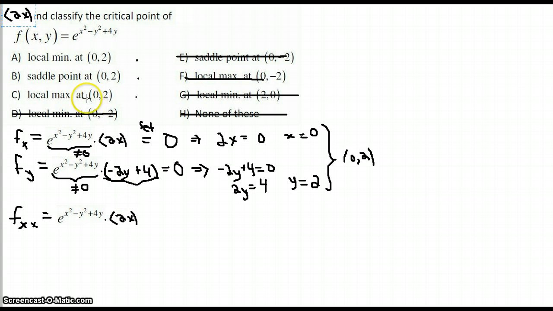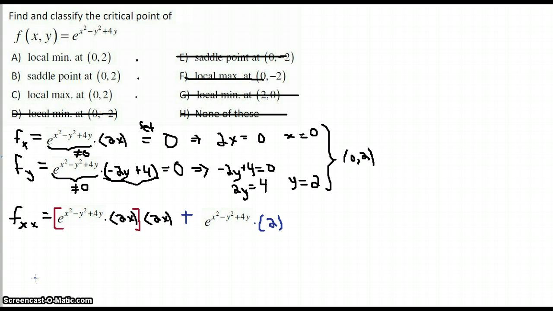That's half of the product rule. The other half comes from leaving the exponential part alone and multiplying by the derivative of the 2x part, so that's multiplied by 2. That's your second derivative with respect to x.